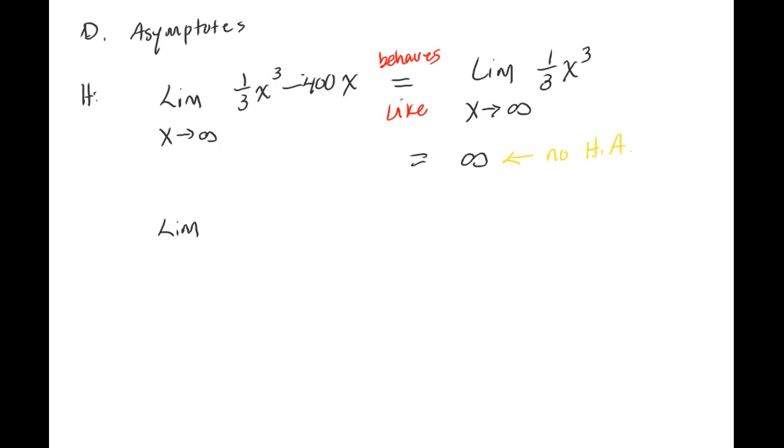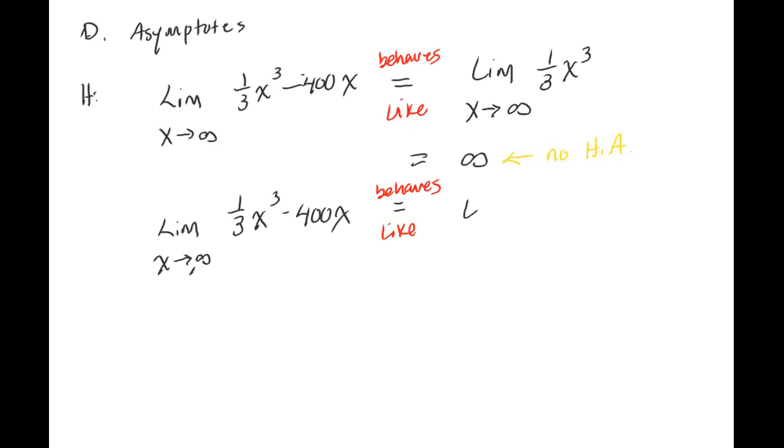I should check the other side. The limit as x approaches negative infinity of 1/3 x cubed minus 400x, oops, that should be negative infinity, is again a polynomial, so it behaves like the leading term as x approaches positive and negative infinity.